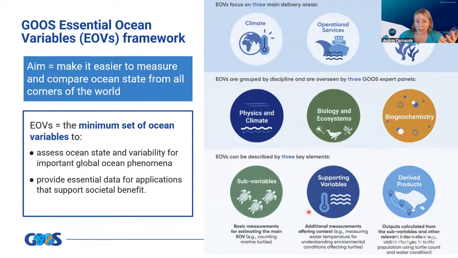We also have a list of supporting variables, gathering the additional measurements that are required to offer context, like measuring water temperature, for example, and a list of derived products that will encompass all the relevant outputs calculated from the previous measurements, like for the sea turtle EOV, changes in the sea turtle distribution in response to water conditions.